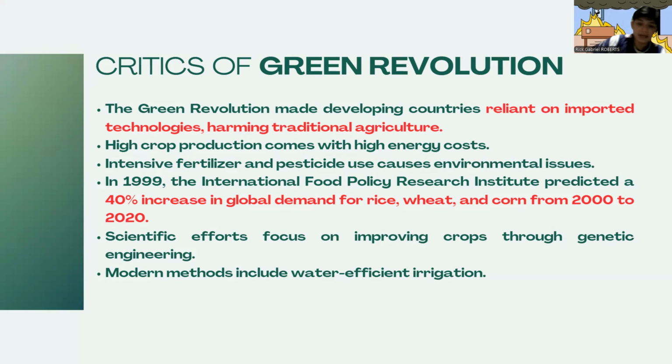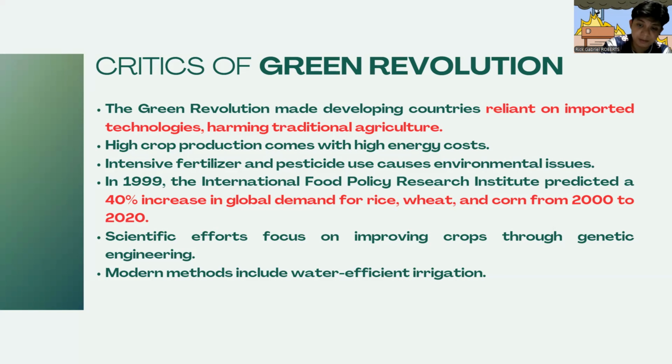So in 1999, the International Food Policy Research Institute predicted that the global demand for rice, wheat, and corn would increase by 40% between 2000 and 2020. This meant that farmers would need to find new ways to increase food production to meet the growing demand.